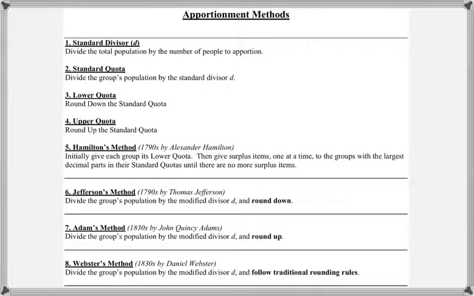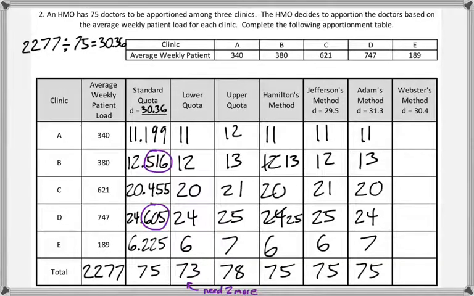Lastly, we are looking at Webster's method, which says we need to divide the group's population by the modified divisor and then follow traditional rounding rules. So if the tens place is 5 or greater, you want to round up the number. So I'm going to divide each of these numbers by 30.4 and then follow traditional rounding rules.